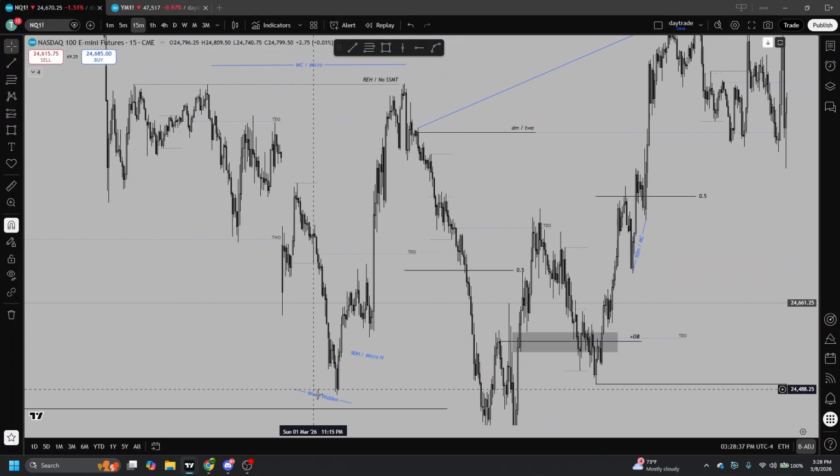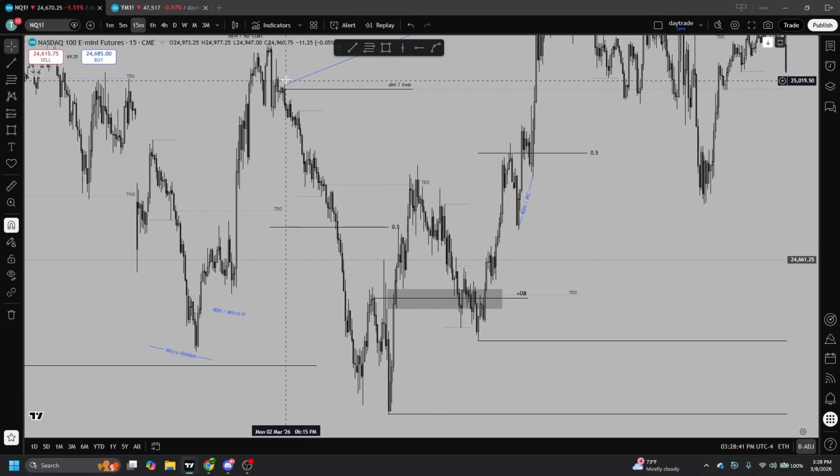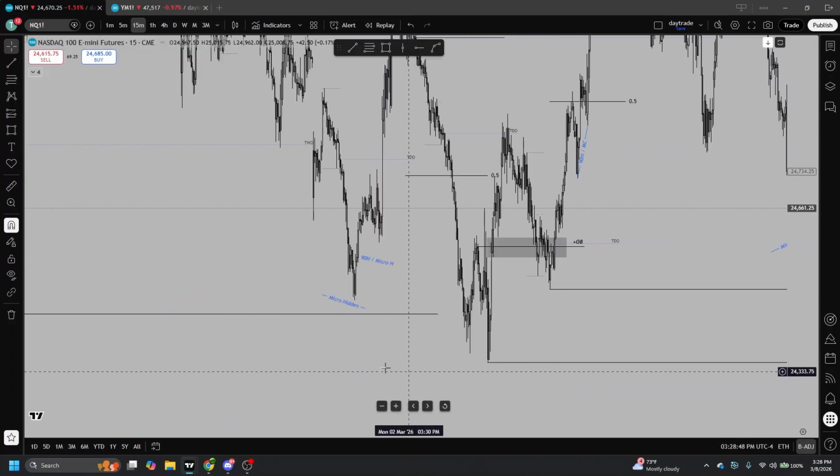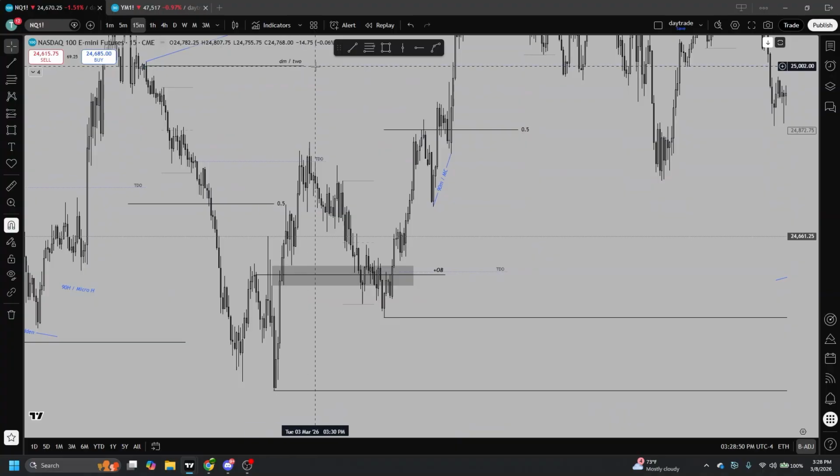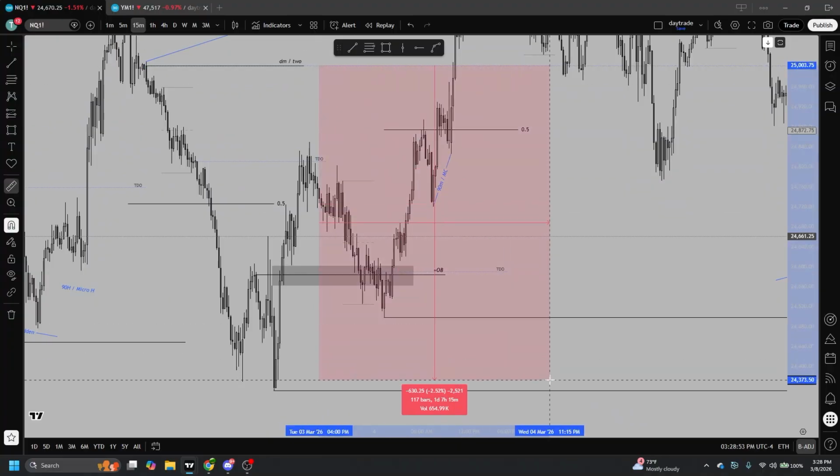But since we had this big distribution higher and we come back down, it's valid that this was the manipulation. We're not going to need any manipulation for this day to go lower, right?